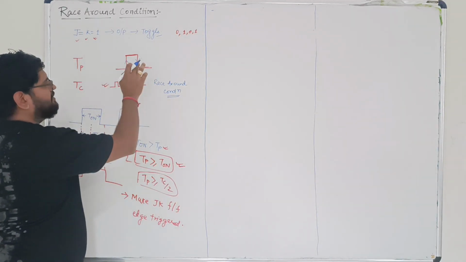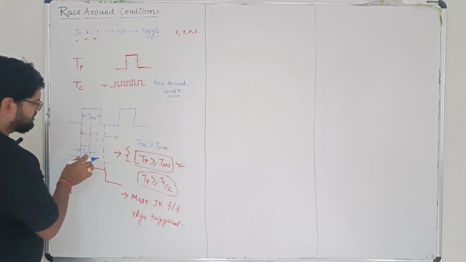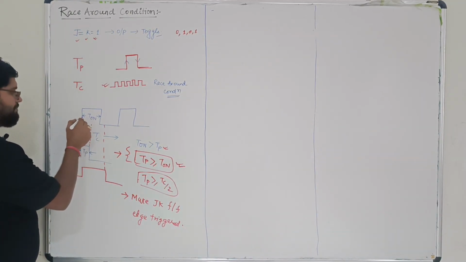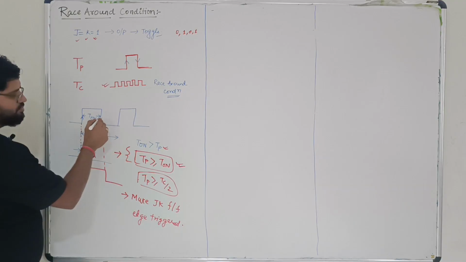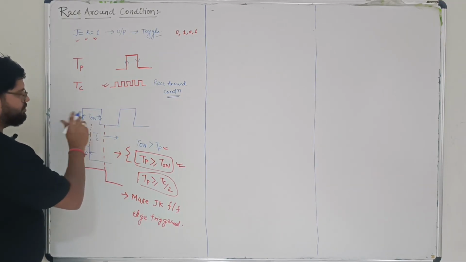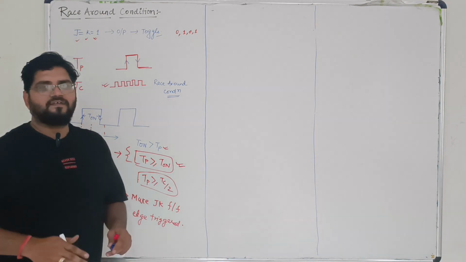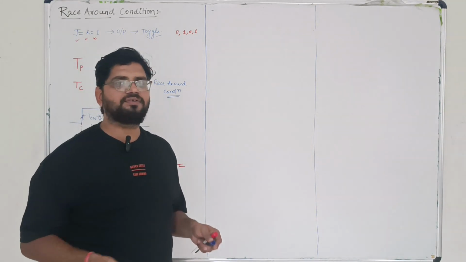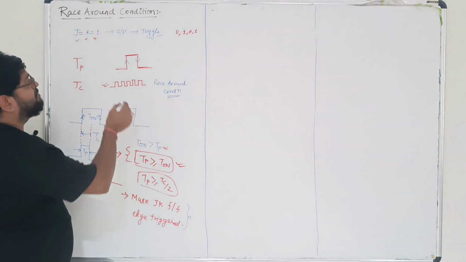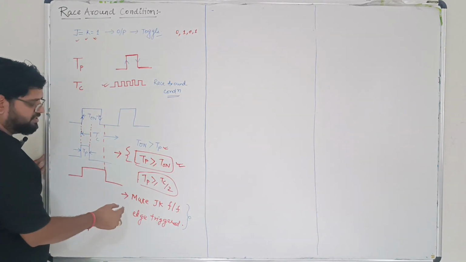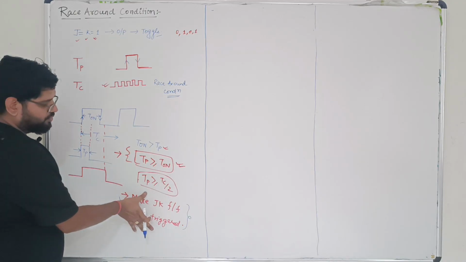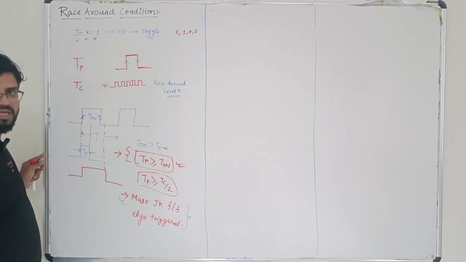If it does not work on level, there is no chance. We are not thinking about what is happening in this time interval. I will only think about what happens at this point and at this point, nothing else. When the signal goes from 0 to 1, or from 1 to 0, it happens in a fraction of a microsecond, so definitely it will not create a problem, and you will not have a problem of race around. In most cases, this is the process which is being done. We go for making the JK flip flop edge triggered.